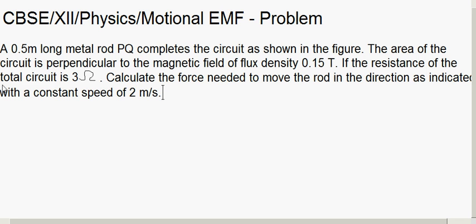That is, the area and the magnetic field are perpendicular to each other, or I can say that the field is perpendicular to the plane of the coil. Calculate the force needed to move the rod in the direction as indicated with a constant speed of 2 meter per second.